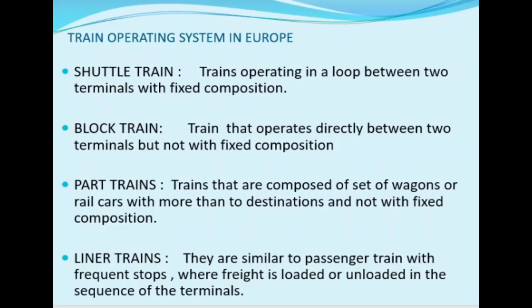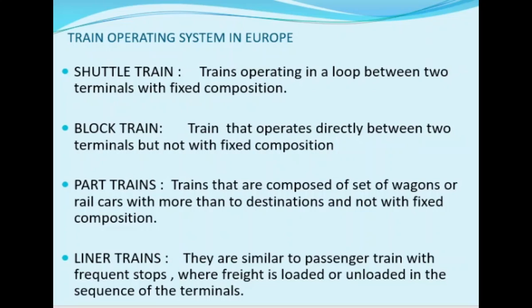Liner trains are similar to passenger trains. They are trains that make frequent stops. At any stop, it could be a junction, it could be just anywhere. There should be many of such stops. At each stop, the train is allowed to load and offload in this sequence of the terminals.